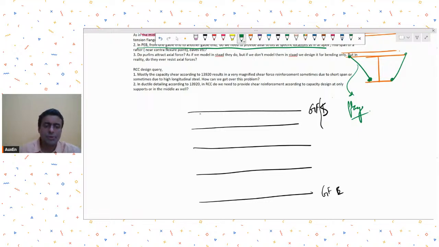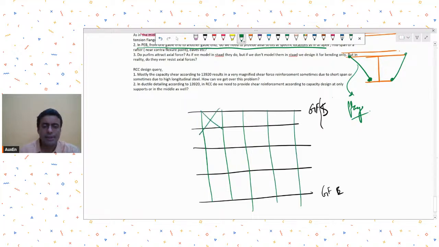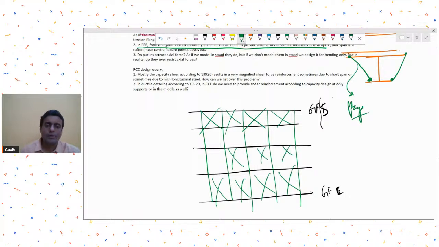Yeah, so see, most of the times these PEB people assume that there are enough purlins and then we provide sufficient lateral braces, typically at the gable ends and then somewhere in between also. So these are enough to take care of the loads that are coming in this direction. So most of the times you will not see any axial strut being provided separately.